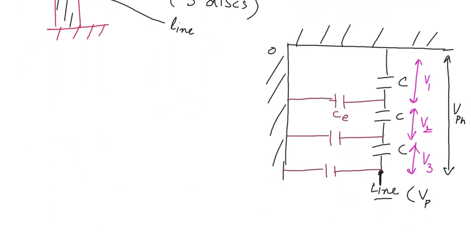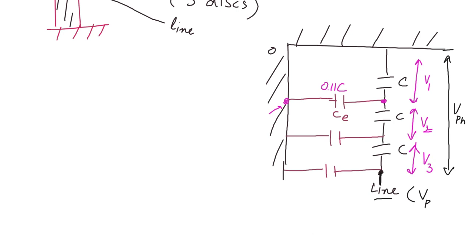This means the capacitance we labeled CE, the earth capacitance, is 11% of the capacitance of the disks, so it is 0.11 times C. This is the capacitance between the pin of the insulator and the ground or the tower.